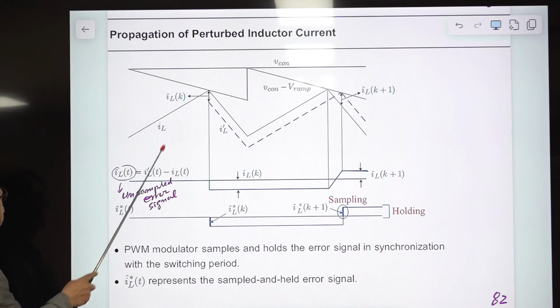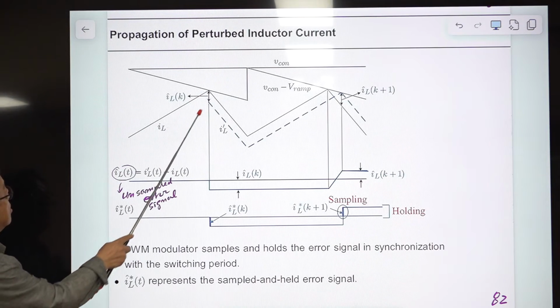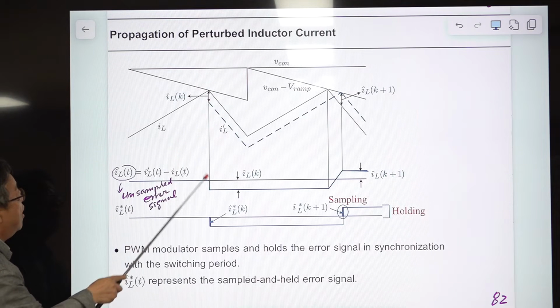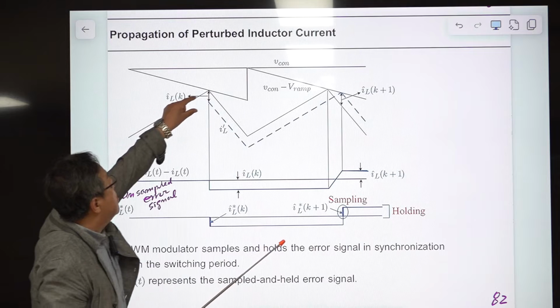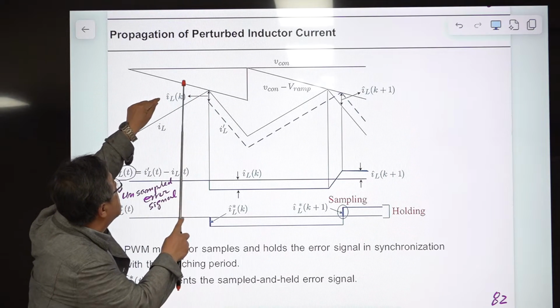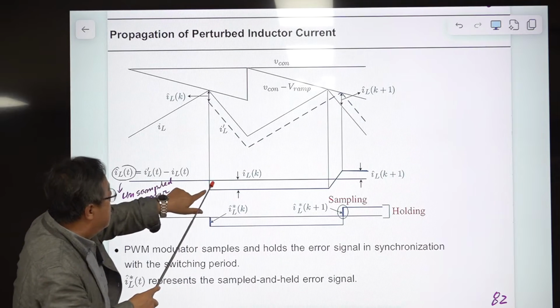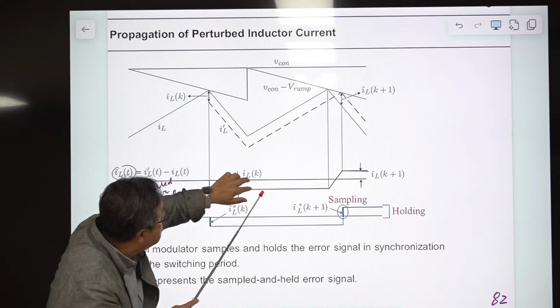So here there is no error because the error is introduced here. Then there is an error like this. The error initially introduced at this moment is this value minus this, which is negative now. Then it maintains up to this point.